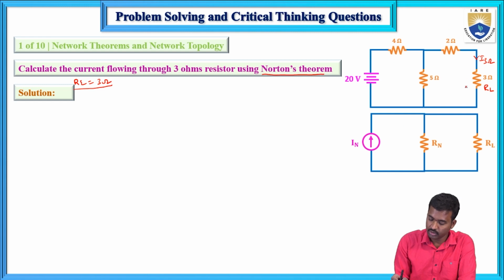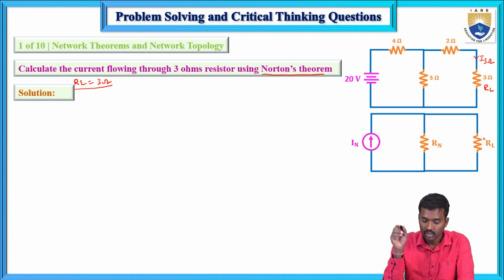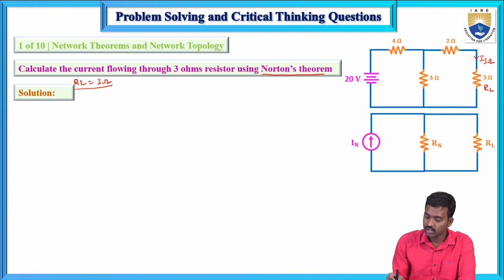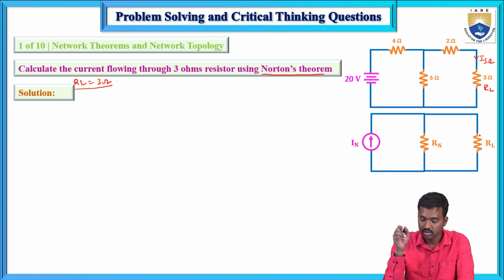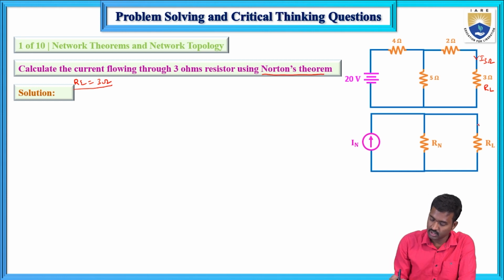This complete circuit and that complete circuit are the same according to Norton's theorem. Now reconnect the load resistance RL, the 3 ohms resistor. Here you can verify that this current and that current are the same, which means Norton's theorem is verified. So the 3 ohms resistor current is first determined from IN.